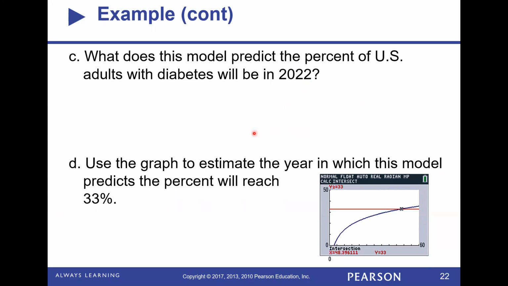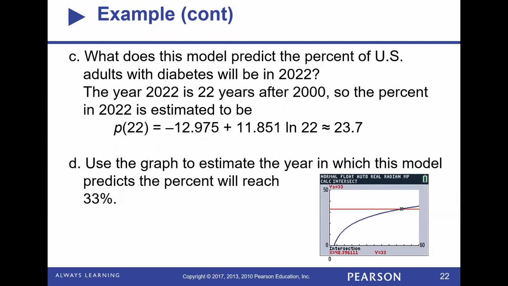And all you have to do is plug 22 into the function and evaluate. Now, you will get a decimal answer just because the natural log of 22 is not a pretty number. In our case here, just go ahead and round it. It's going to tell you in every problem what to round to. Again, what does the model predict? Meaning you're plugging into the model.